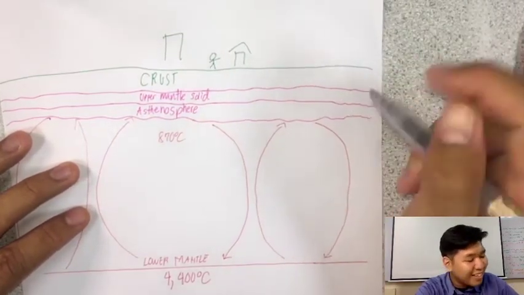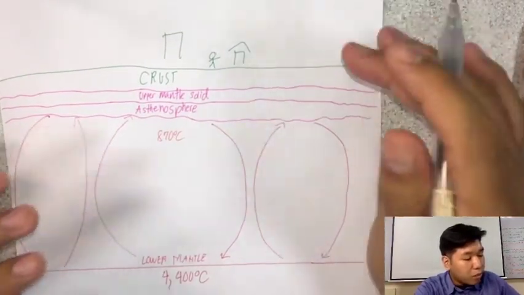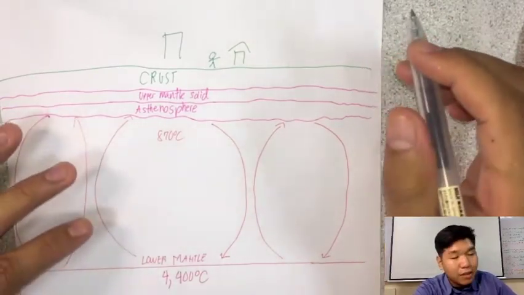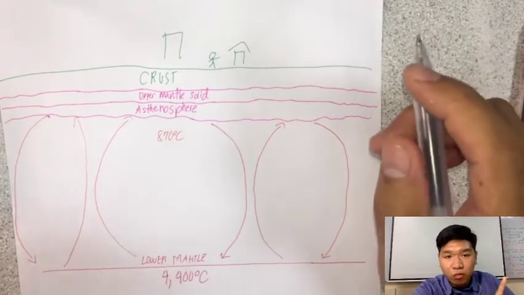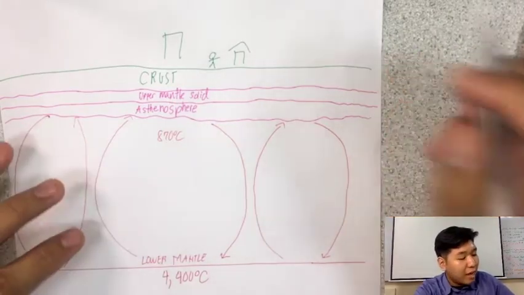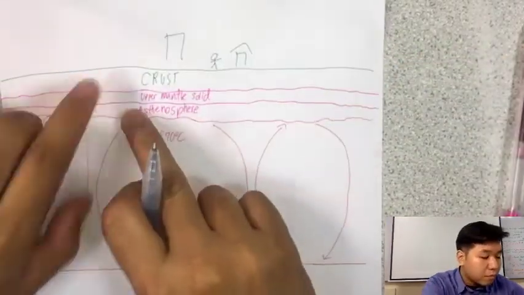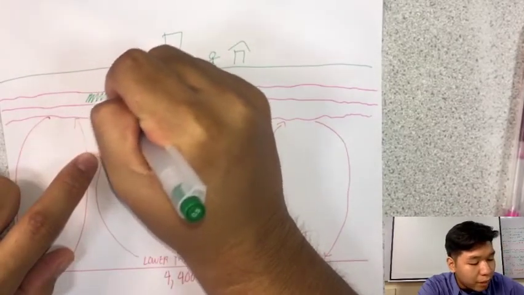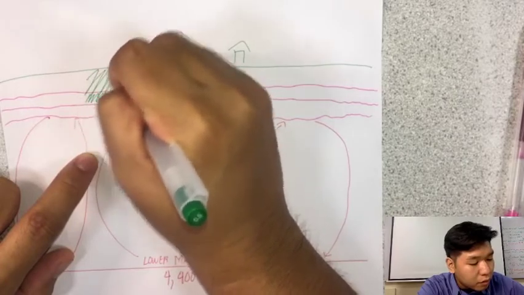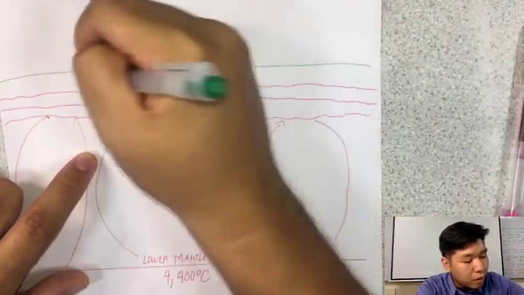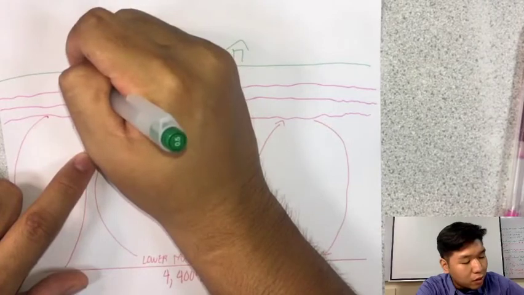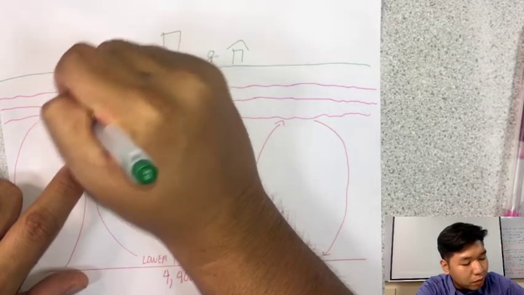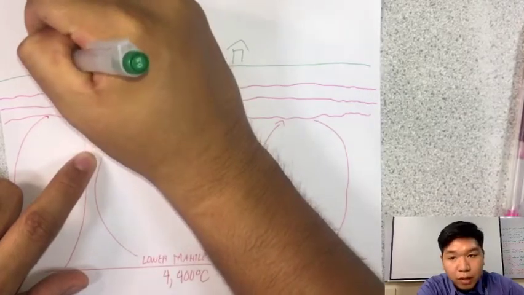Okay. Now there is also another layer that you most probably have known, and it is called the lithosphere. The lithosphere is actually the crust and some part of this solid upper mantle combined. It is because the crust and the upper mantle, together known as the lithosphere, move together.